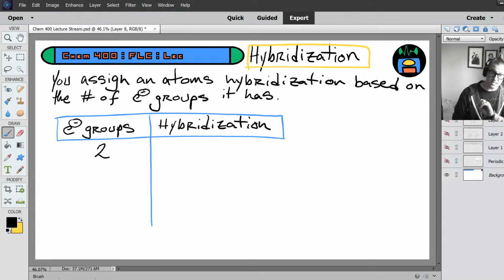If you're going to hold 2 electron groups, you need 2 orbitals. The first orbital you use is always s, the second orbital p. So you're going to use one s and one p orbital to hold these 2 electron groups.